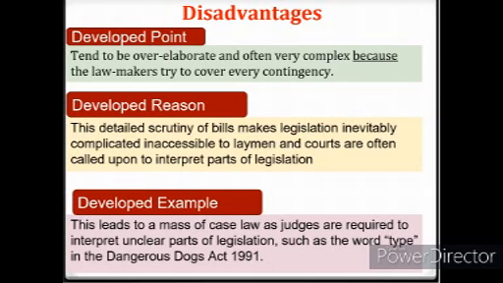If you actually look at how a piece of legislation is written, sometimes it's quite difficult to understand it, and that in turn can lead to the courts having to interpret what a piece of legislation means.